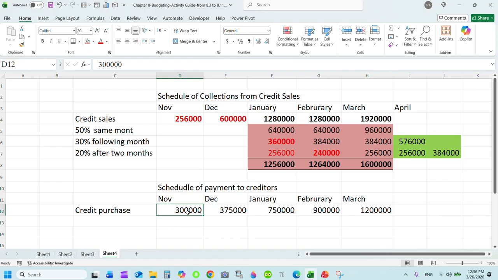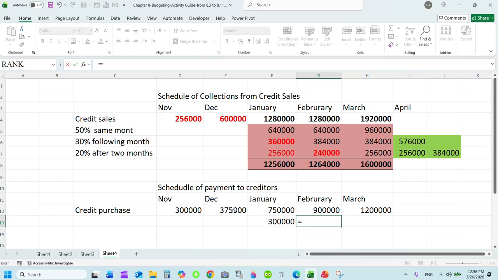So this particular November credit purchase will be settled in January. This December credit purchase will be settled 2 months after delivery, in February.